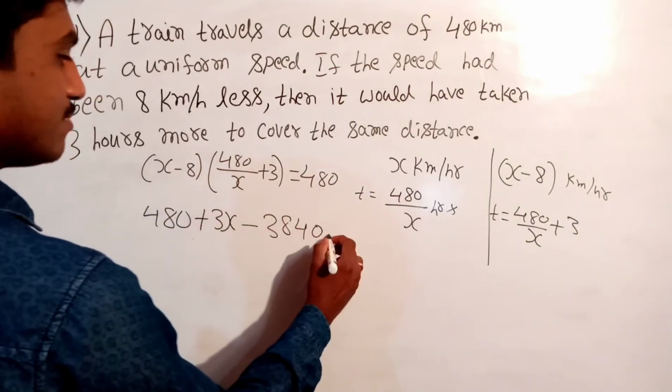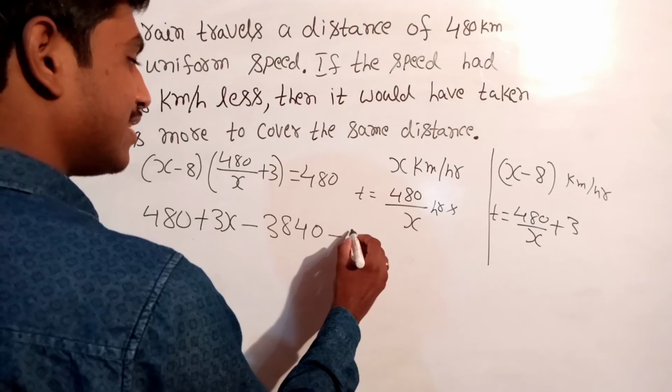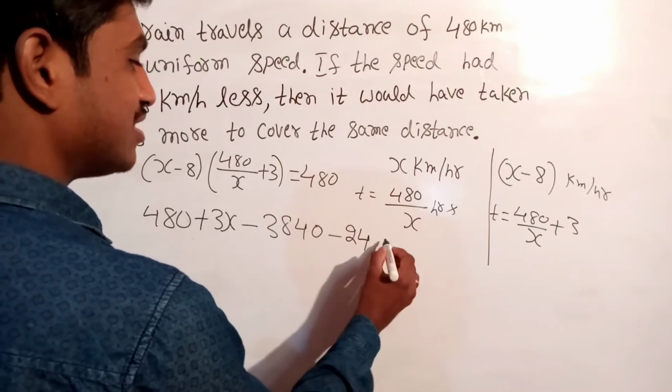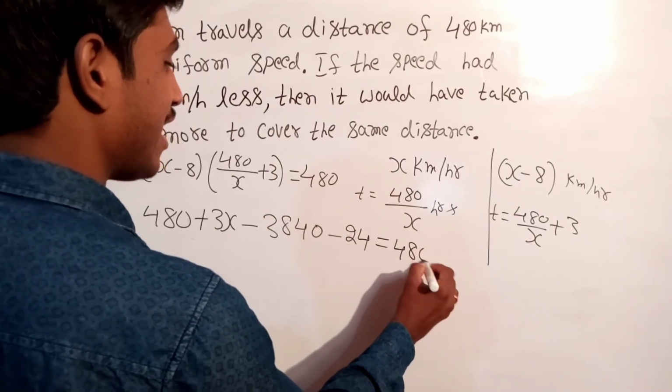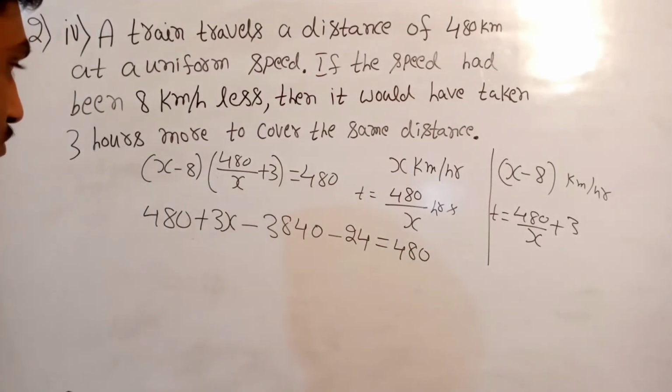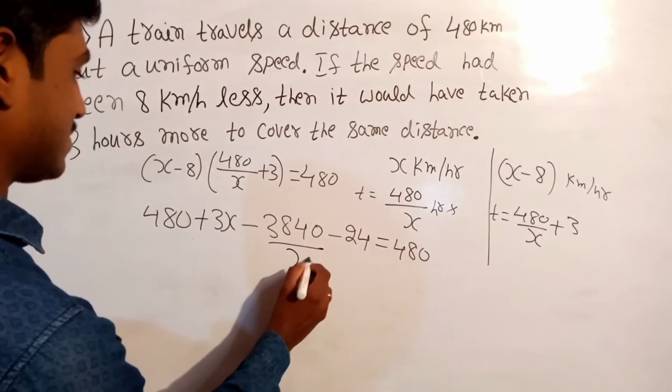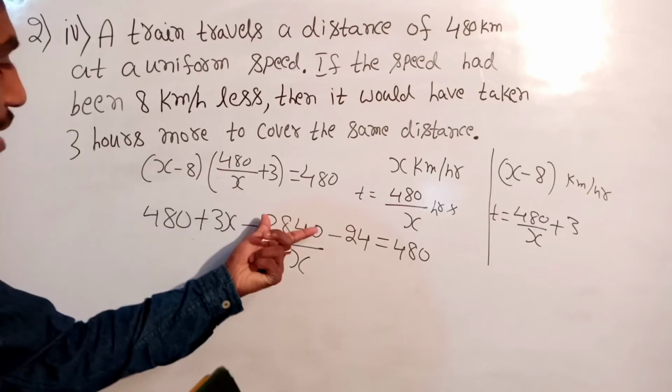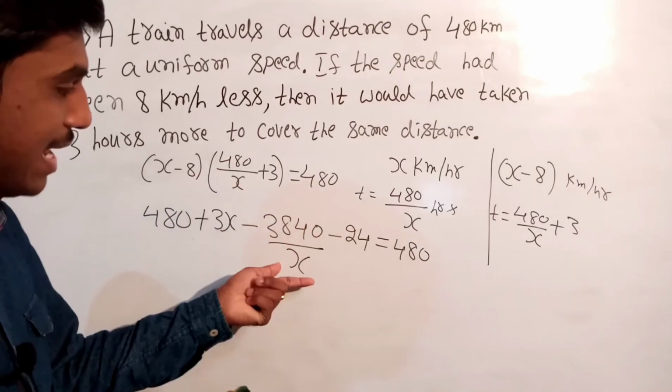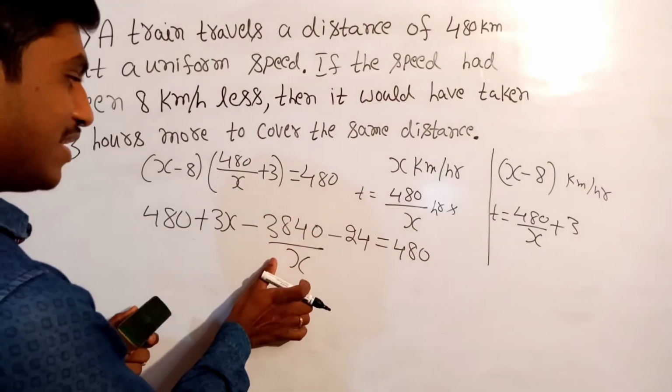Then plus into minus is minus, 8 into 3, 3 8s are 24, which is equal to 480 on the RHS. Here divided by x, this term 480 into 8 is 3840 divided by x. So we got this one here.